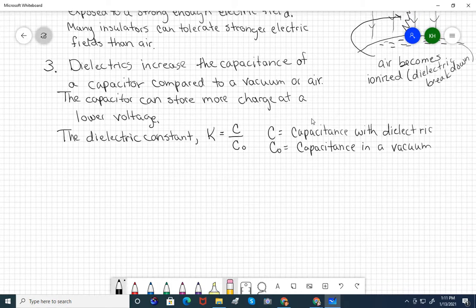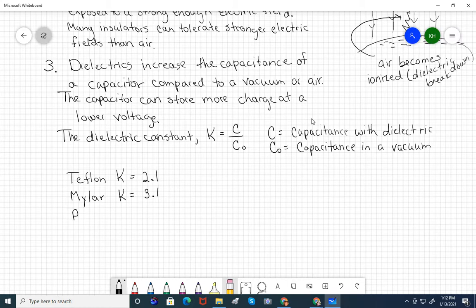Some of our common dielectrics: Teflon has a dielectric constant of about 2.1, so it'll let you store a little bit over twice as much charge for a given voltage. Mylar, I know you've seen those Mylar balloons, has a dielectric constant of about 3.1.